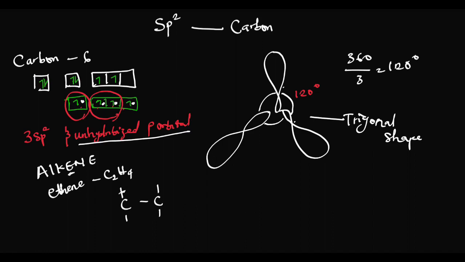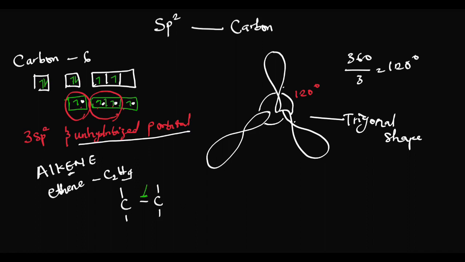So the remaining 1, how would that one come? Because we've exhausted the hydrogen we were given. That's when we will now know the importance of this unhybridized p orbital. It comes here and forms the double bond.